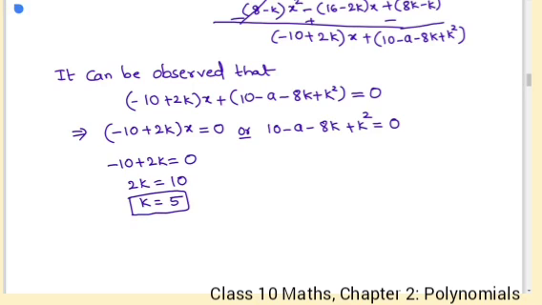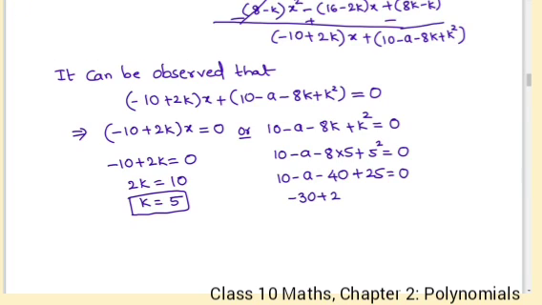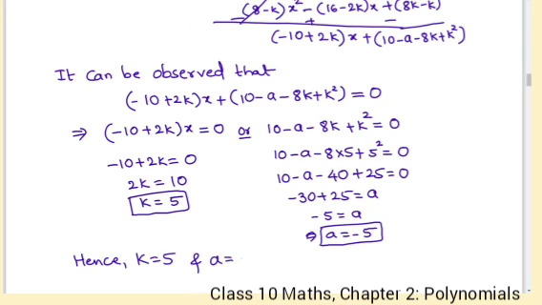Find k value. It becomes 5. If k is equal to 5, then find a value. 10 minus a minus 8 into 5 plus 5 square is equal to 0. Now simplify these terms. You will get a minus 5. a is equal to minus 5. Hence k is equal to 5 and a is equal to minus 5.